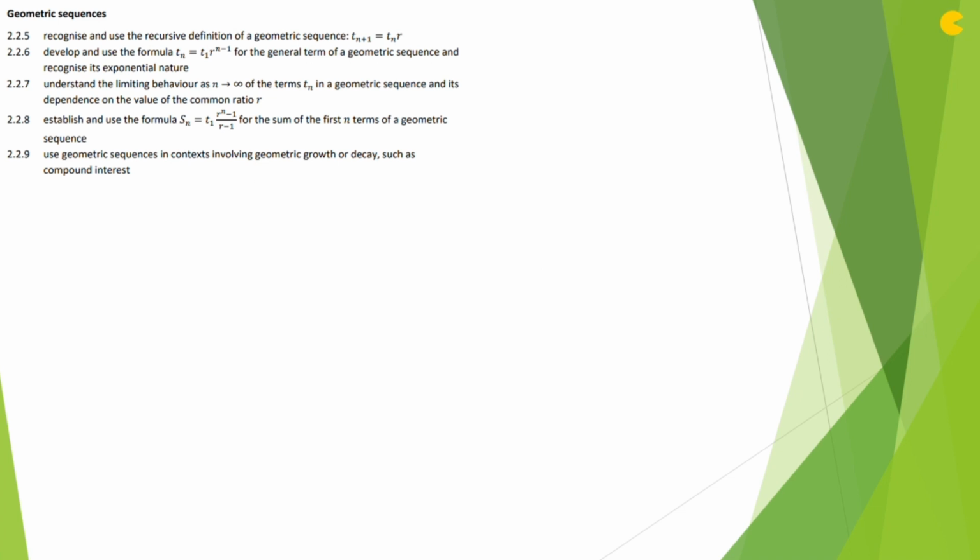So, in this video, we went over the recursive definition of a geometric sequence given by Tn plus 1 equals Tn times R. We also went over the general rule, Tn equals T1 times R to the n minus 1. You can equally write that as Tn equals T0 R to the n if you want to. And we also looked at the limiting nature of geometric sequences for common ratios between -1 and 1.